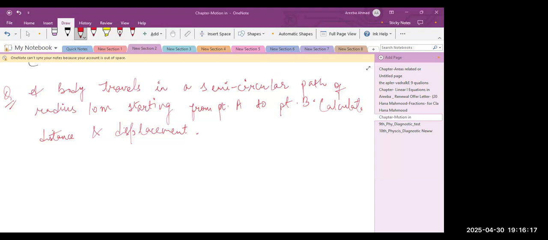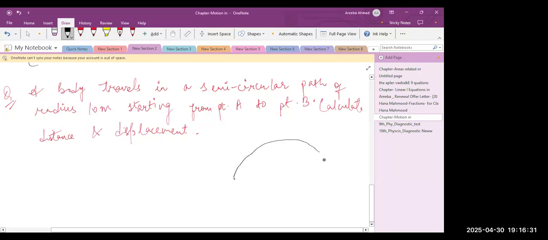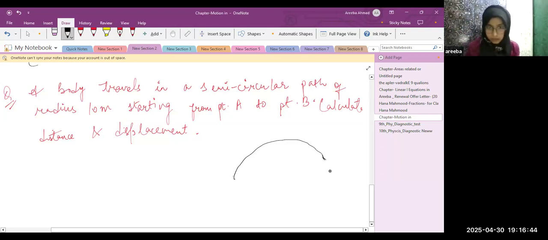Can you explain the question a little bit further? All right. So what kind of path am I having this time? Semicircular. Can you see it? This is semicircular.